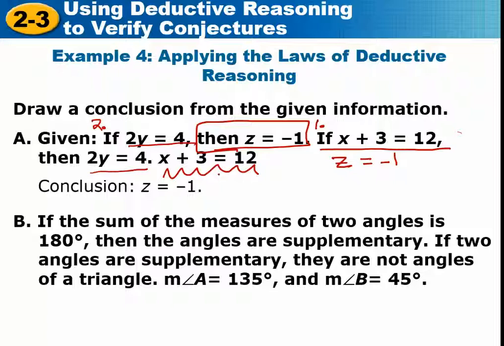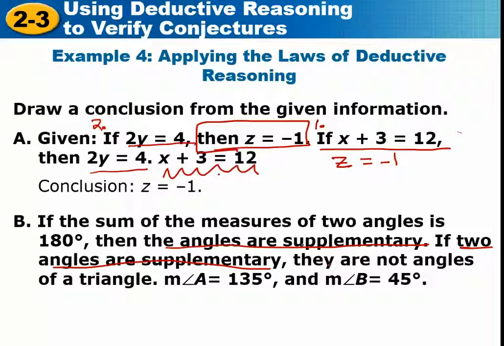Okay, part B. If the sum of the measures of two angles is 180 degrees, then the angles are supplementary. If two angles are supplementary, then they are not angles of a triangle. So this time we don't have to reorder the sentences because this conclusion, the angles are supplementary, matches the hypothesis of the second one.